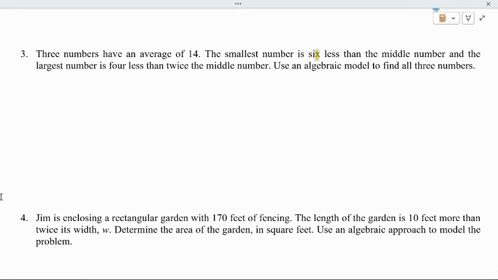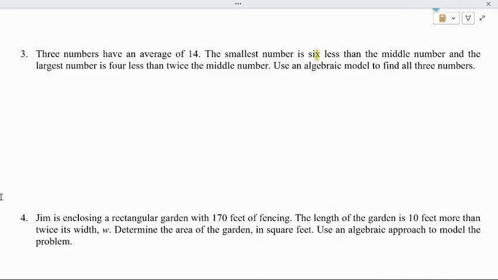Raise your hand if you need more time on number 2 to write it down. Okay, I see you.